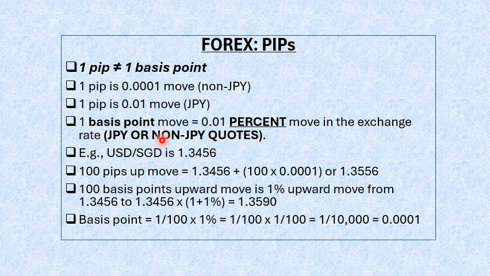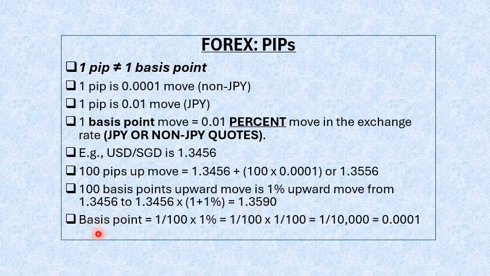For example, if USD SGD is 1.3456, a 100 pip upward move is equal to move to 1.3456 plus 100 into 0.0001, which is 1.3556. On the other hand, a 100 basis points upward move is a 1% upward move from 1.3456 to 1.3456 into 1 plus 1%, which is equal to 1.3590.